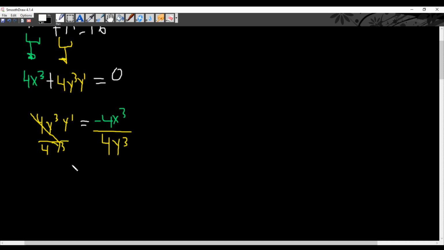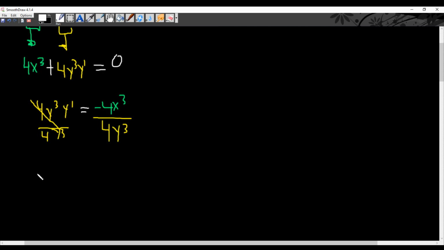So the answer for the actual derivative, so this is the first derivative, y prime, is going to be negative 4x cubed over 4y cubed. So these 4s will cancel out, and now I'm just given negative x cubed over y cubed.